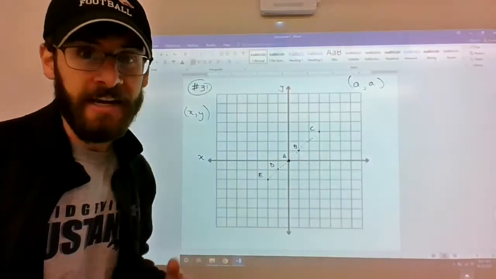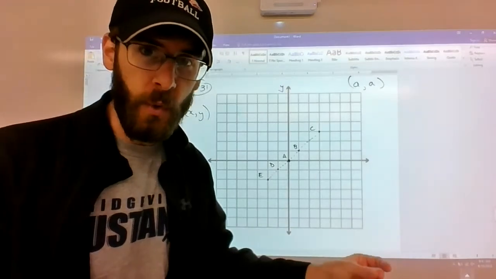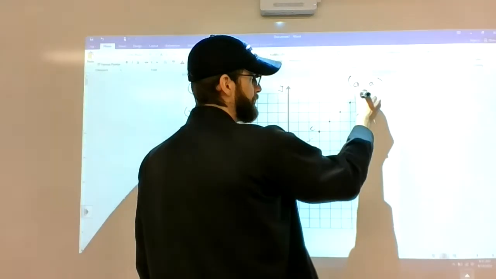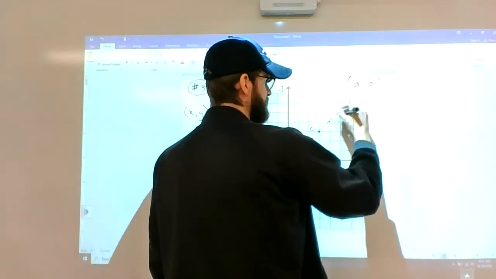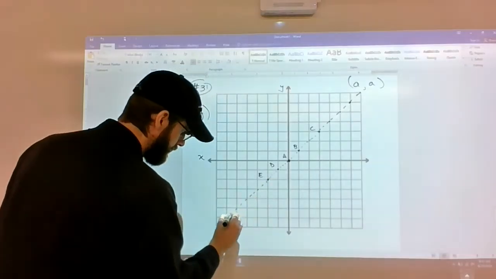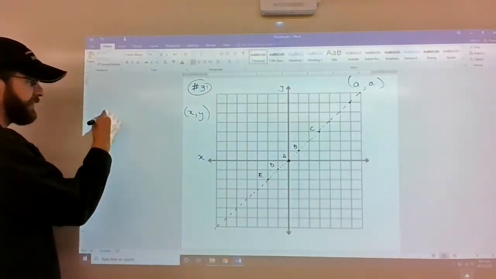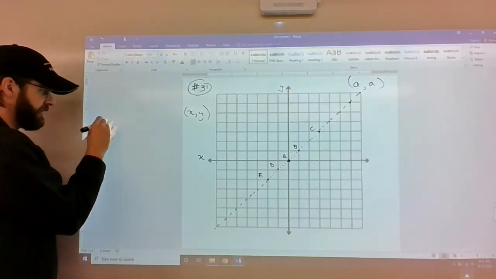Really, that's what they're saying. Describe all the points in which the x coordinate equals the y coordinate. And there's a couple different ways to talk about this.